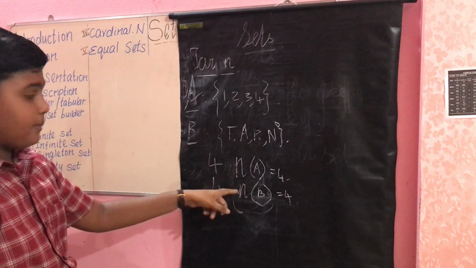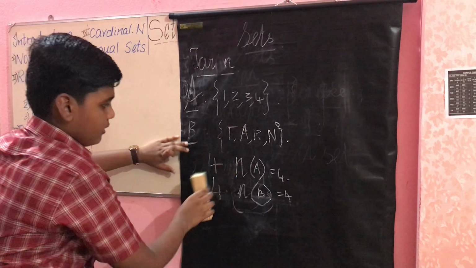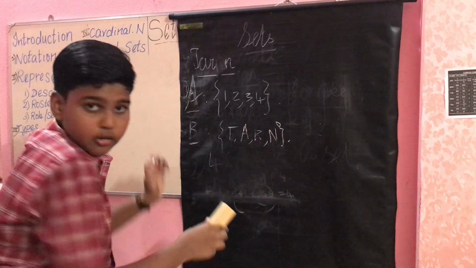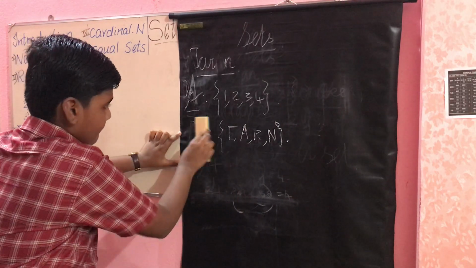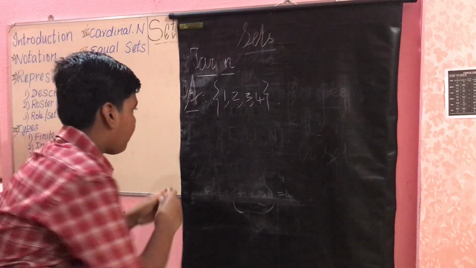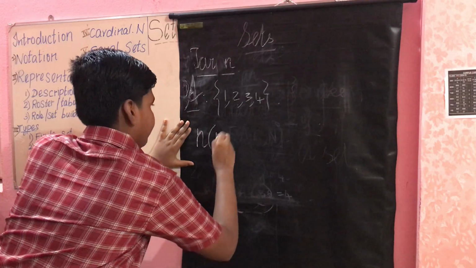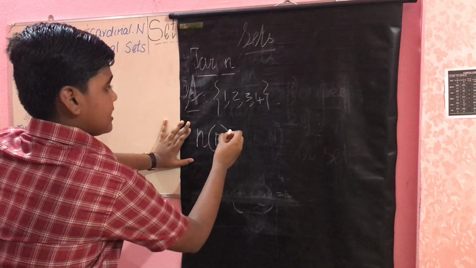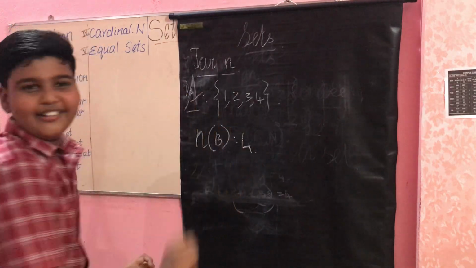Then the bracket and B. Wait a minute, I'll write above. So just look here. I wrote n of A is equal to, so I wrote T, A, R, N, right? So 4. So 4 is the cardinal number.